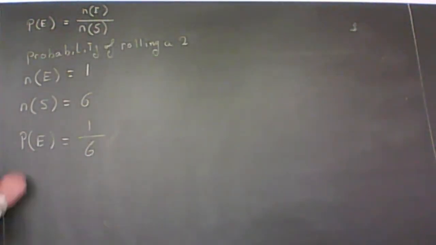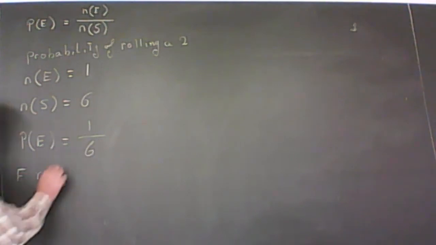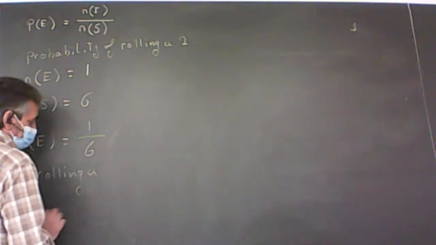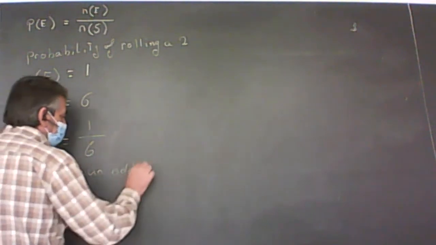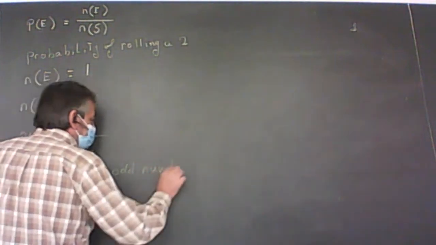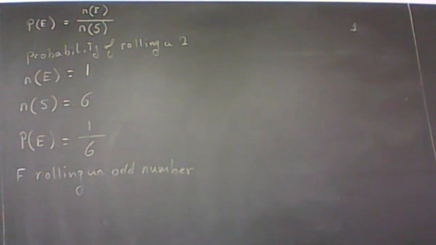Now, what is the probability of rolling an odd number? Let F be the event of rolling an odd number.